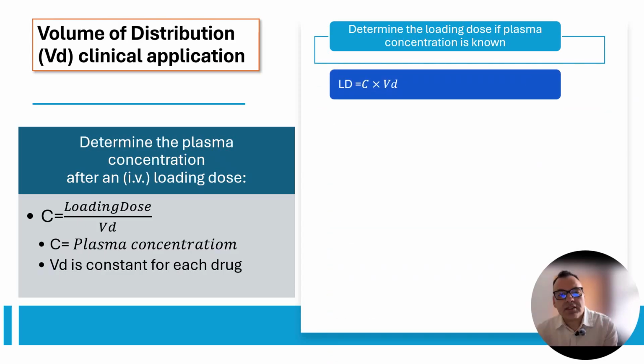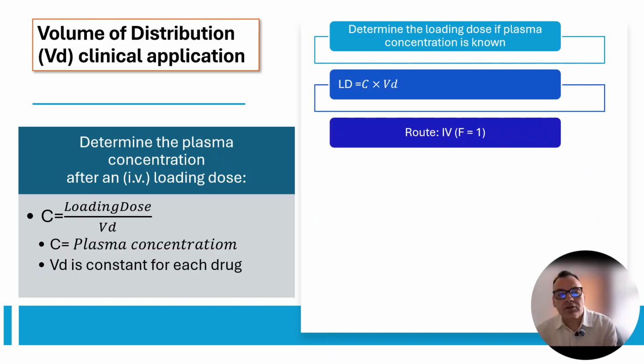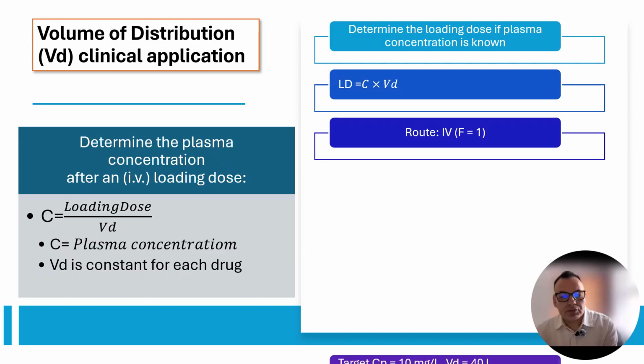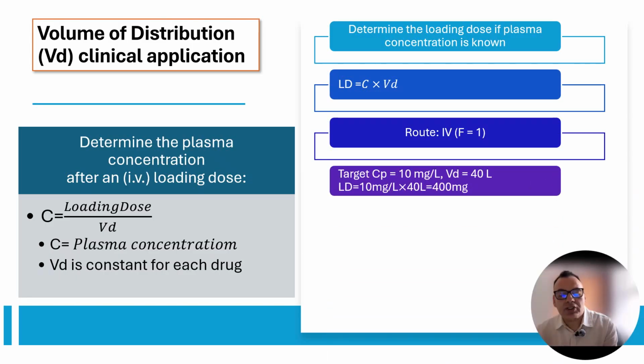In this case, we rearrange the equation by multiplying C by the volume of distribution, and this is for the IV route, where F equals 1. So the whole dose reaches circulation.